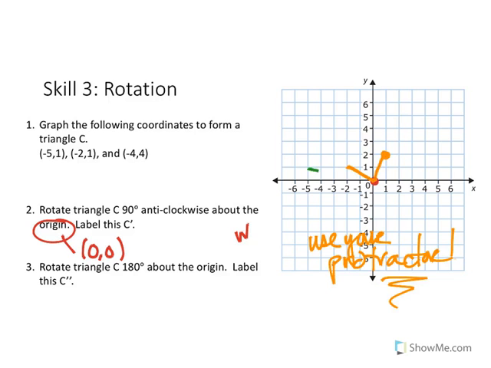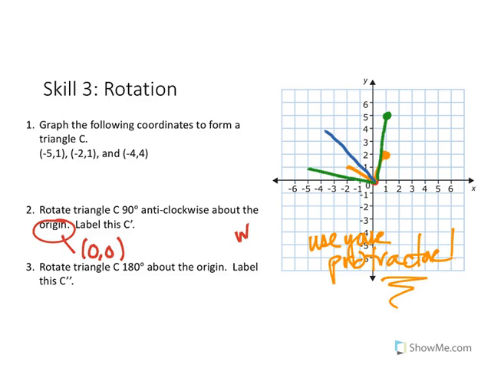And then draw another line from the next vertex to the point of rotation. And from there, find 90 degrees. And if you did this correctly, you'll notice that it goes straight right here on 1, 5. And then finally, you have one more coordinate.